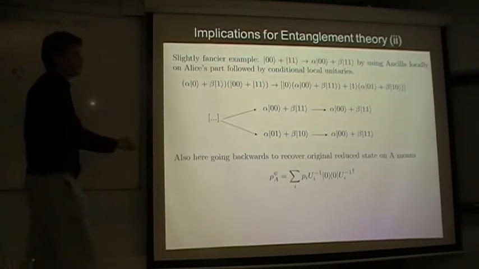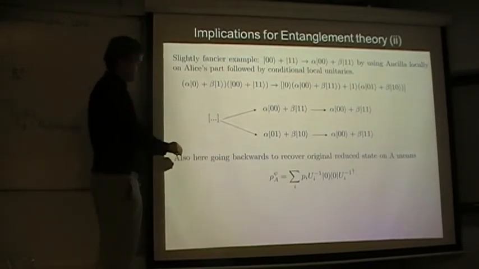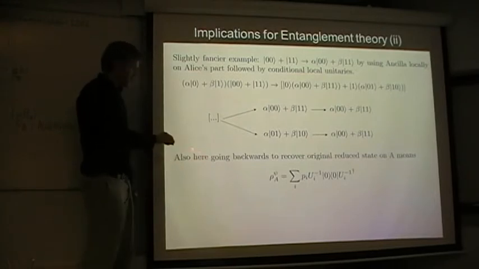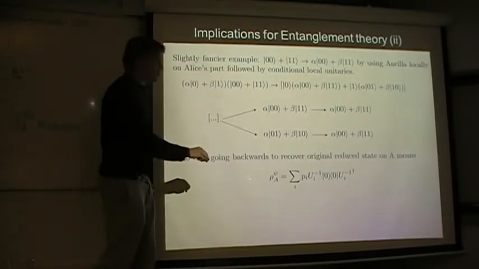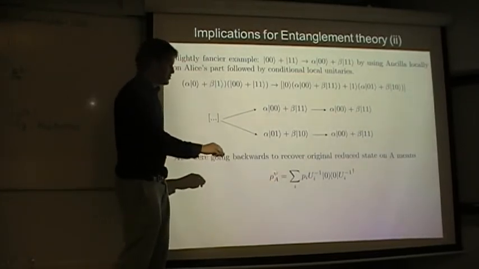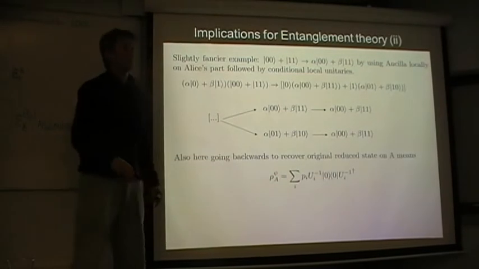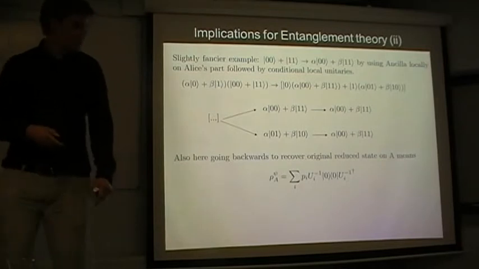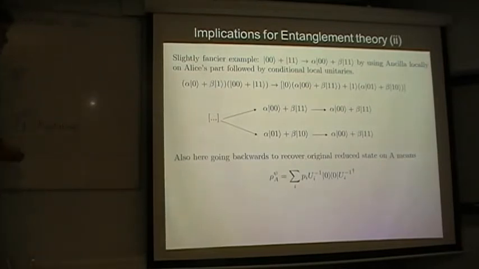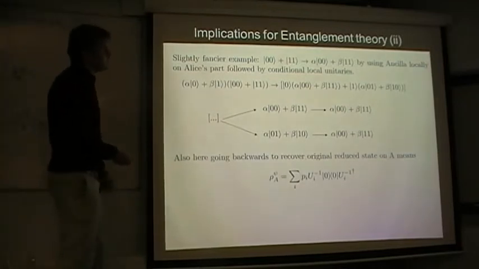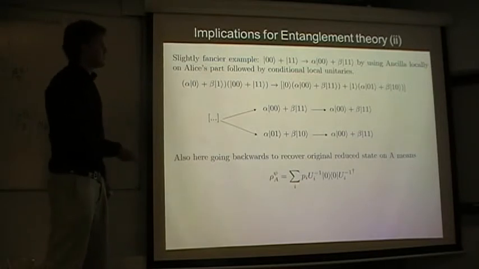And also here, if you go through the calculation, you can convince yourselves that you can recover the initial reduced state by undoing unitaries like this on the final one. So that is a majorization relation.